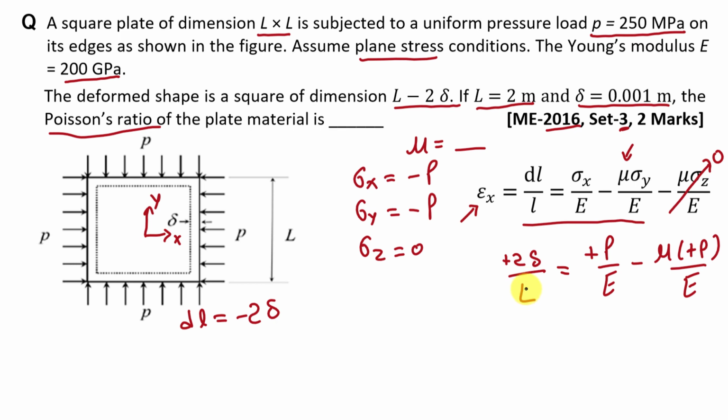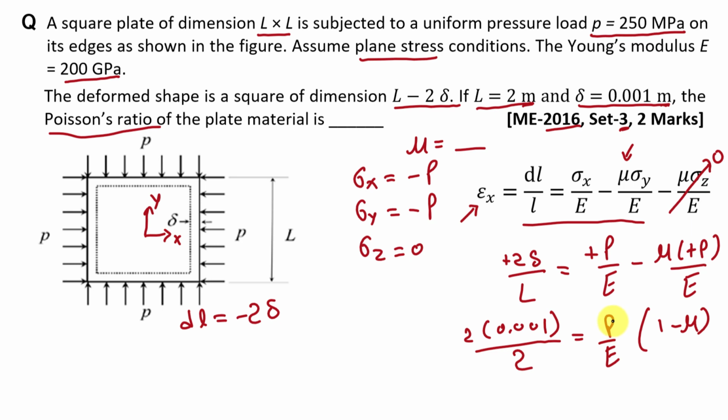Here value of delta and L is given in unit meter, so it will be 2 into 0.001 divided by length is 2 meter is equal to P divided by E into bracket 1 minus mu, right?